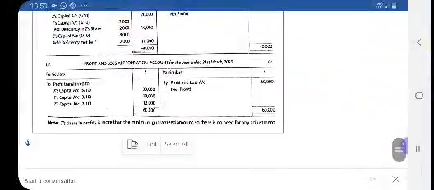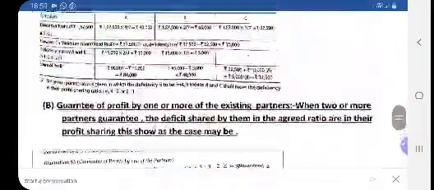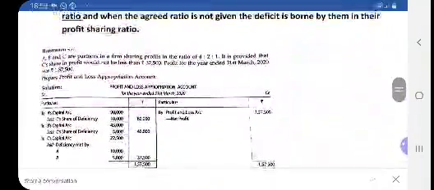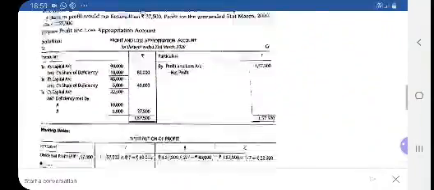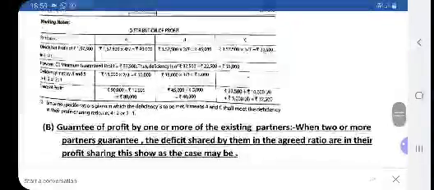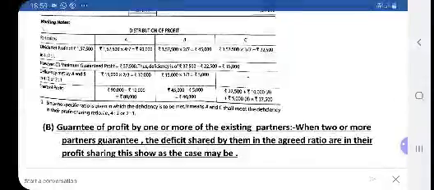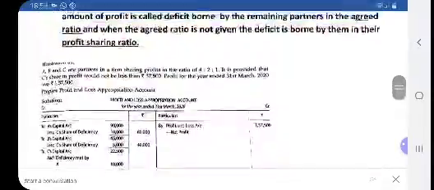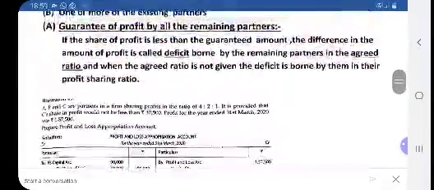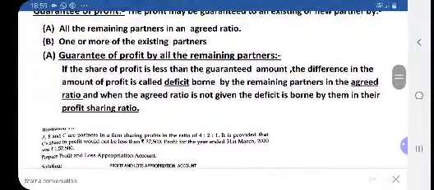This is all about guarantee of profit. Based on this, you will get a question on how to represent it: if the guaranteed amount is given, you have to find out the deficit and represent it in the format of the P&L appropriation.